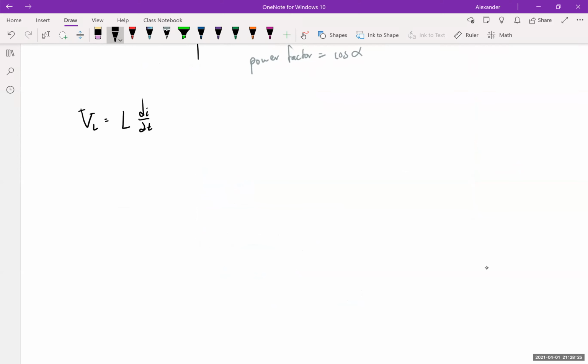We knew this already: the potential difference, the induced EMF across an inductor, is proportional to its inductance and the rate of change of the current. But we know the current response now. It's I0 cosine omega t.